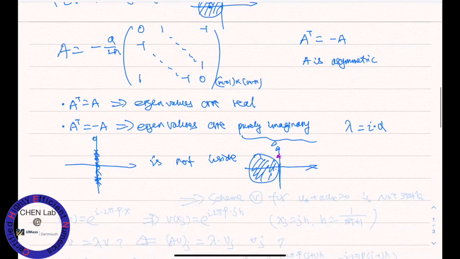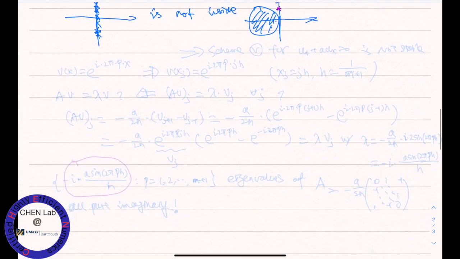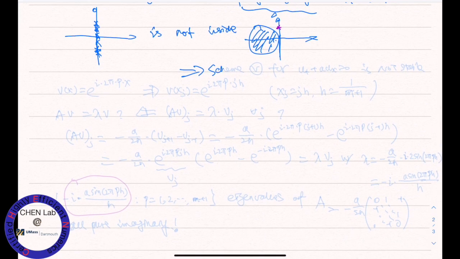So this concludes that scheme 1 for u_t + a u_x = 0 is not stable, right? What we noted when we introduced the first scheme in our last video.